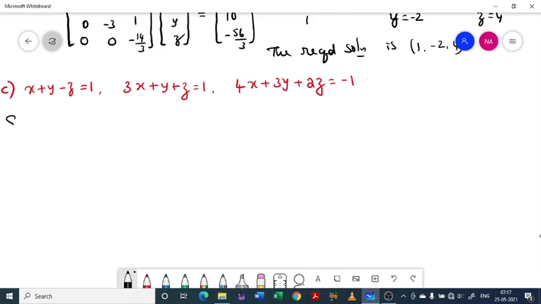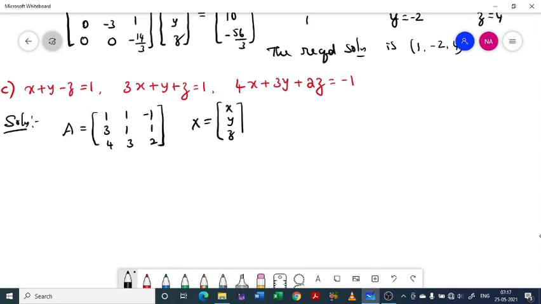Solution. Here capital A equal to 1 1 minus 1, 3 1 1, 4 3 2, and capital X is as usual x y z, and capital B is 1 1 minus 1.